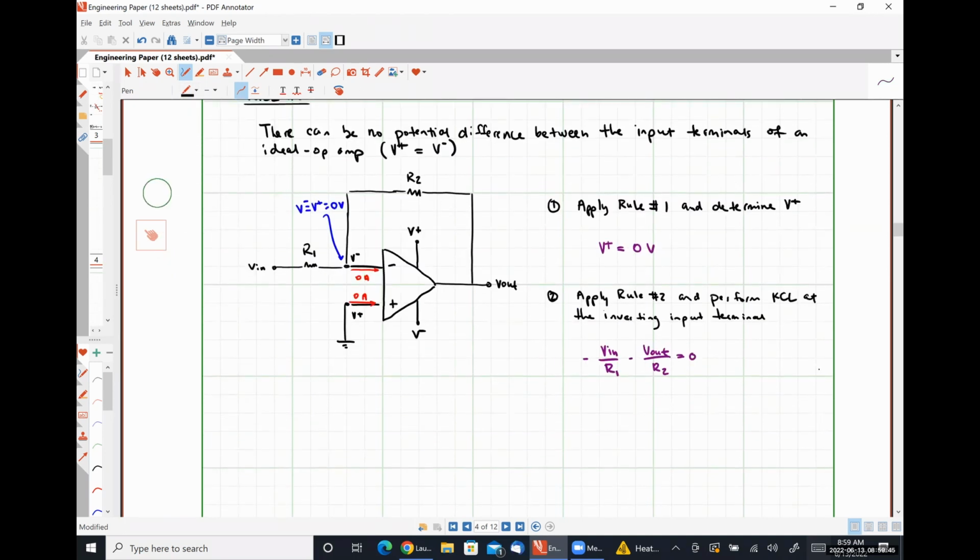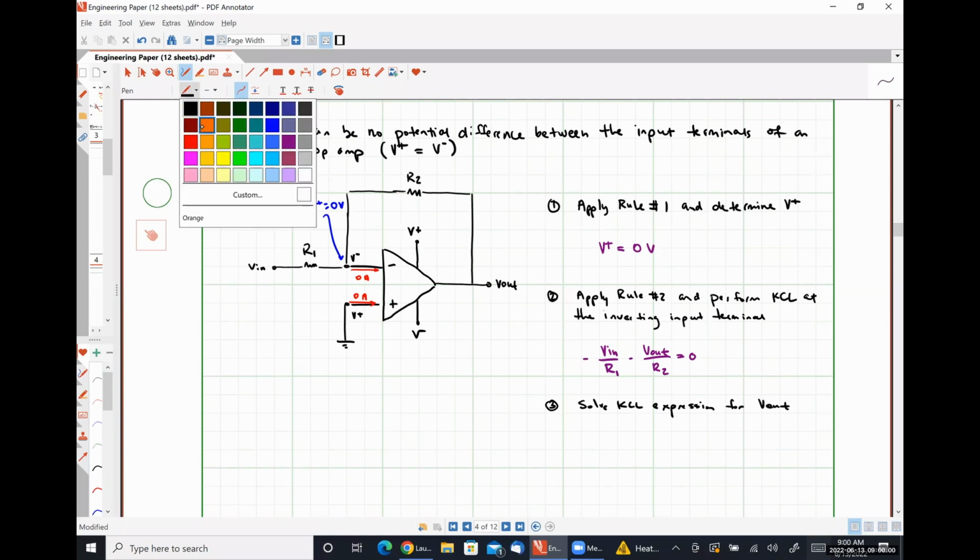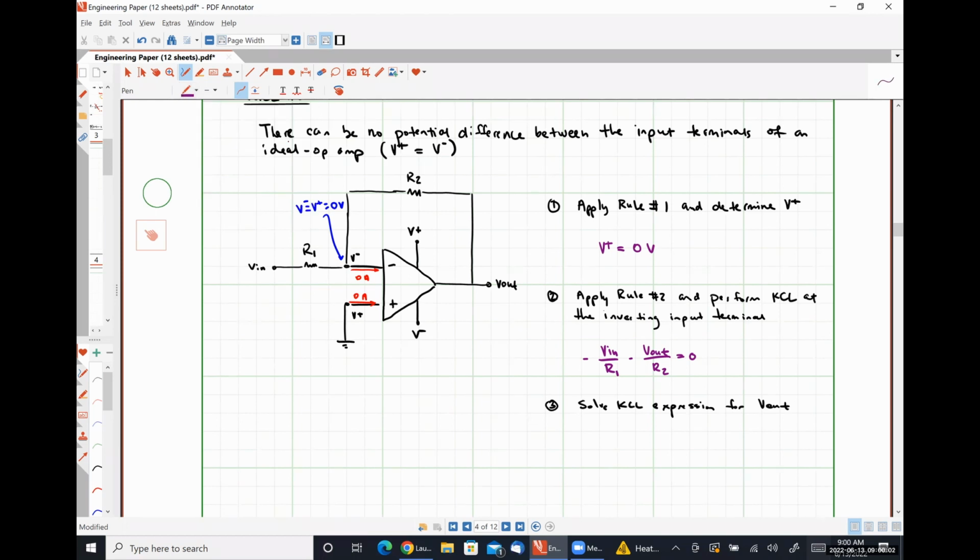And then step three will simply be solve our KCL expression for V out. So if we take our equation, we're going to move the V out over R2 to the right-hand side. So this gives us negative Vn over R1 is equal to V out over R2.